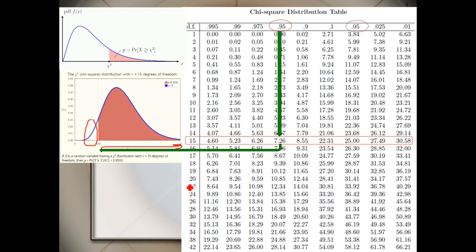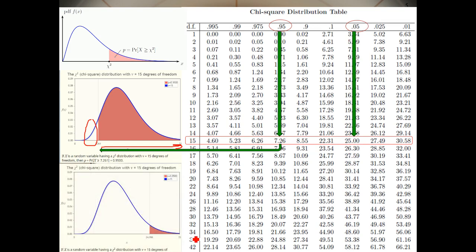Similarly, for the right hand tail, I have a 0.05 area and the chi-square critical value will be 25, which is given here. So now, if my computed test statistic value is between 7.26 and 25, then I'm going to accept the null hypothesis. If it is lower than 7.26 or higher than 25, I'm going to reject it.